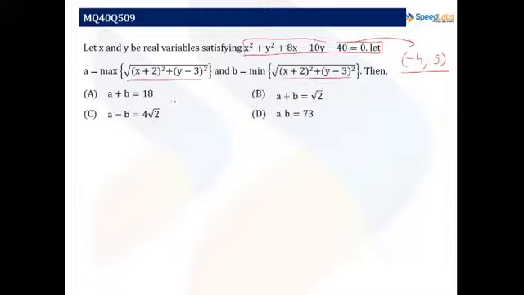Let's check if this point minus 2 comma 3 lies outside or inside the circle.